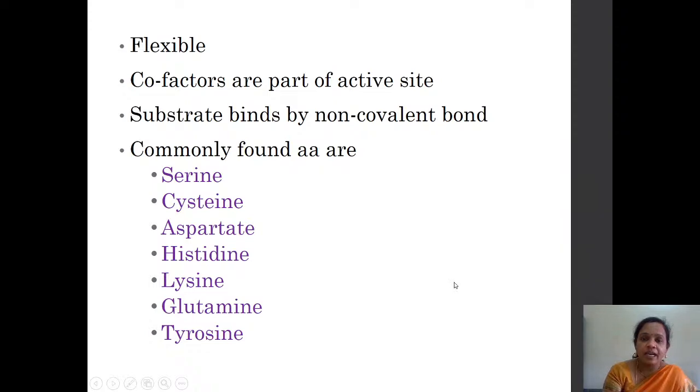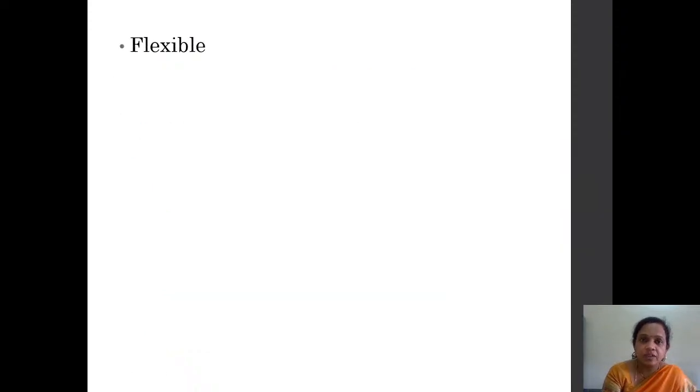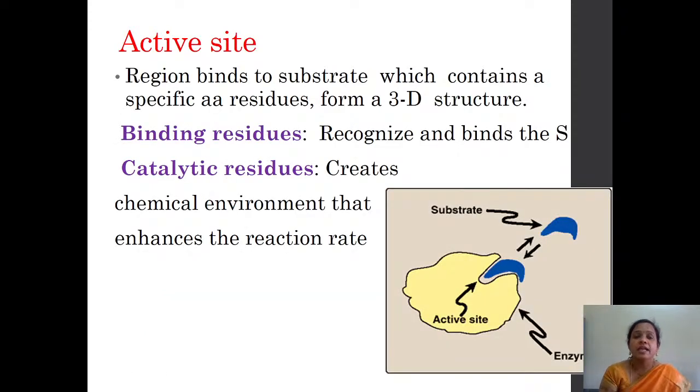Now we have seen the active site of an enzyme. Though the size of the enzyme is very large, only a part of it has catalytic activity, and that part is called the active site. In the active site, there are two regions. One is called the binding residue, and another is called the catalytic residue. The binding residue recognizes the substrate, because it has to recognize the substrate, only then can the reaction take place.